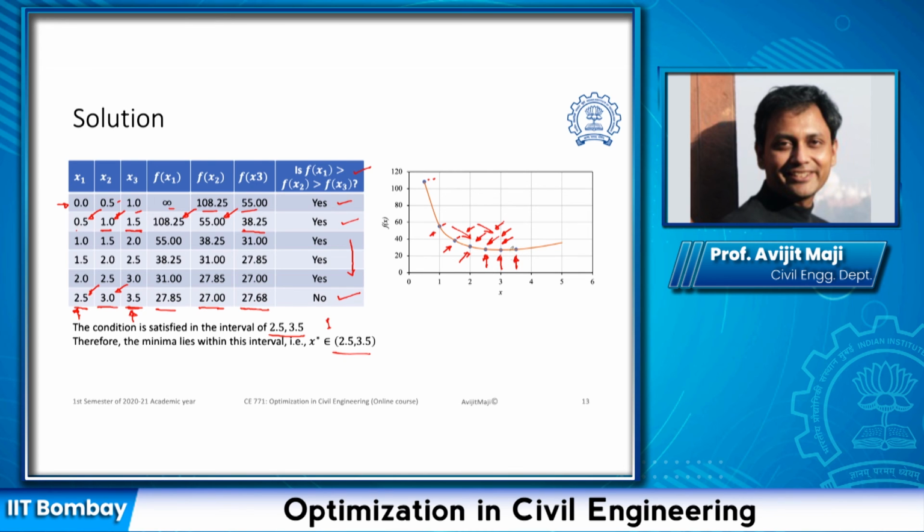Once we move to this, we find this is marginally better than the points which are on either side of it. So we stop the process right there and report this point and this point as the bracketing points, which is 2.5 and 3.5. Hope you understood both the bounding phase method and the exhaustive search method in this lecture.